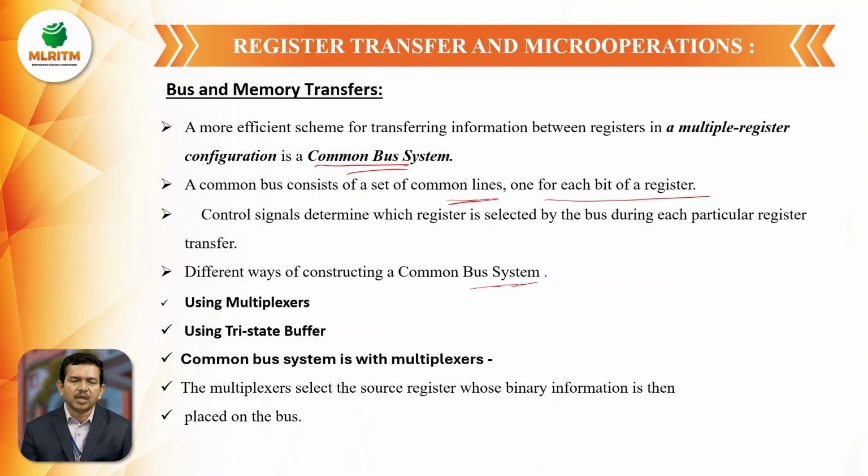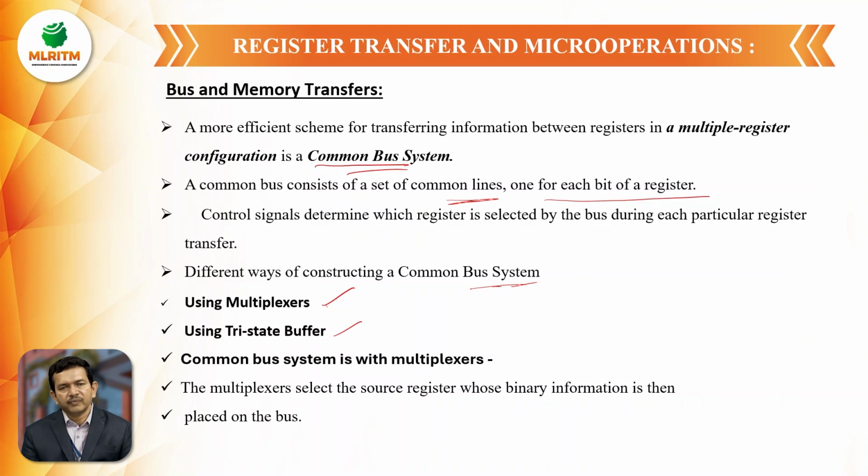Suppose I want to make a common bus for the registers. I use multiplexers and tri-state buffers. So one way of connecting a bus and memory transfer is using a multiplexer, and another is the tri-state buffer. The third is the common bus system with multiplexers.